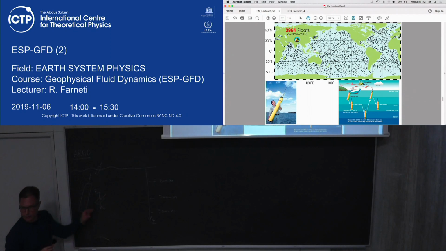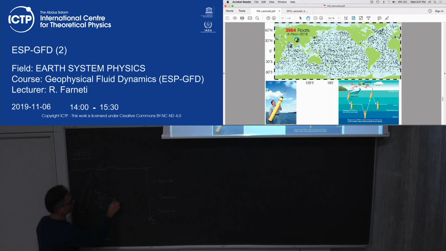So it stays there, becomes buoyant at 2,000 meters depth, and moves with the current. Every 7 days or so, it is programmed to change its buoyancy and become less dense. The buoyancy force is still the same because it's the volume displaced times the density of the fluid times g. So the buoyancy force stays the same.